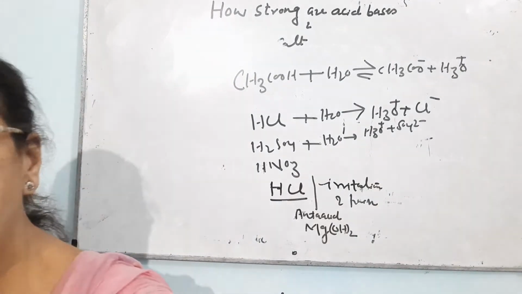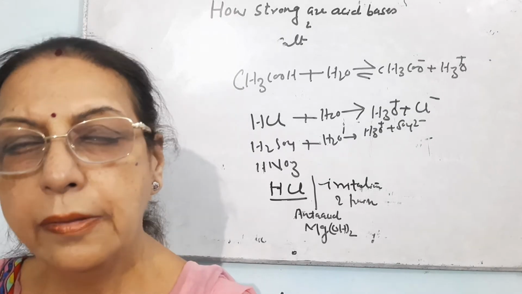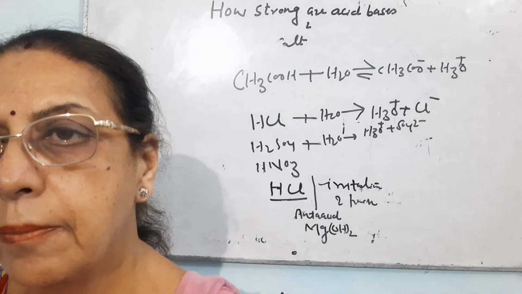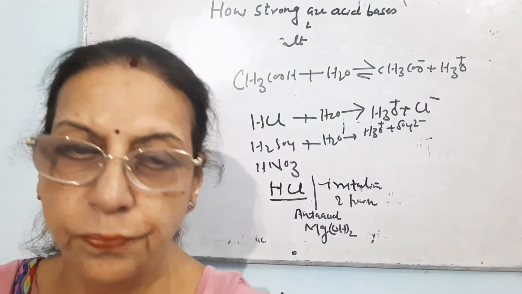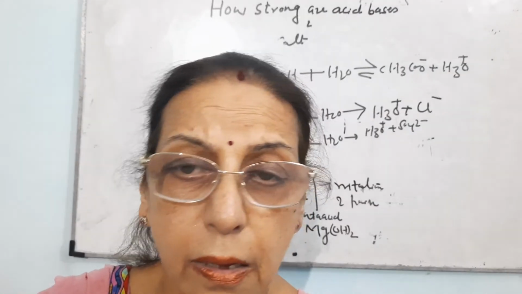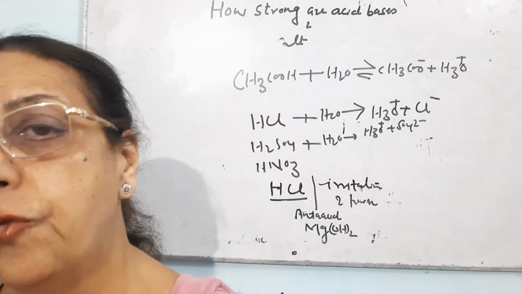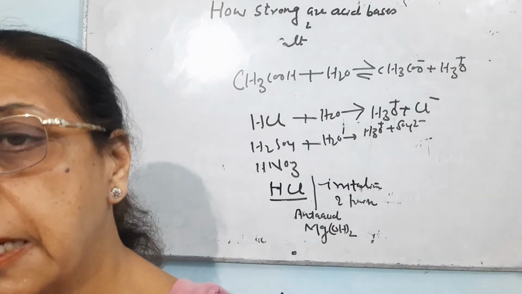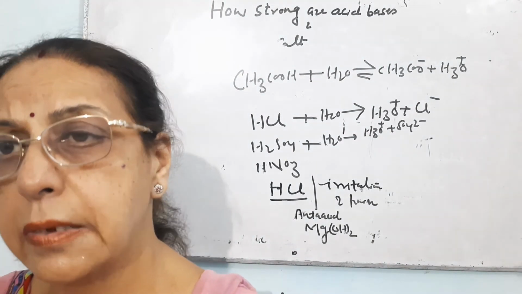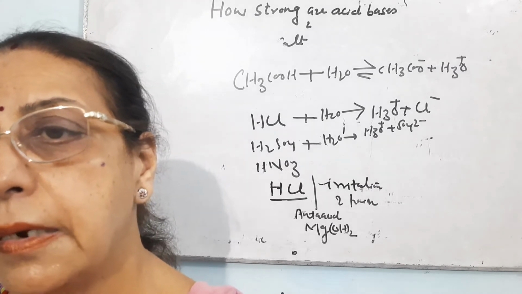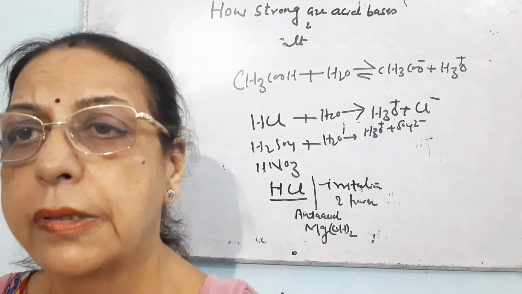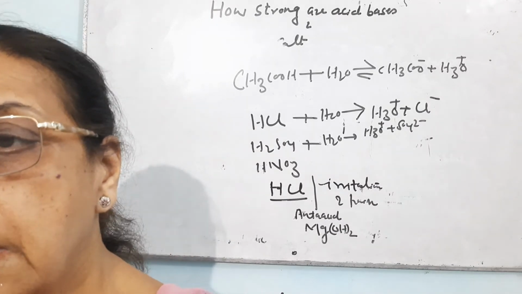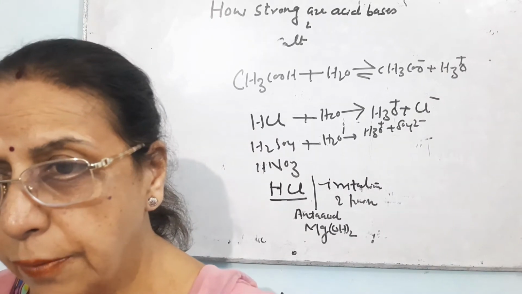It is insoluble in water, but when the pH of the mouth becomes lower than 5.5 because some sugar or food particles remain in the mouth, the bacteria present in the mouth produce acid, and this acid is responsible for the dissolution of tooth enamel. Because of this, the tooth decays.